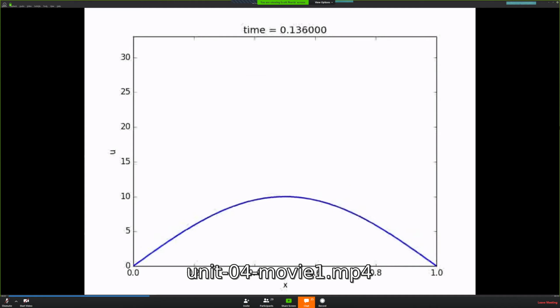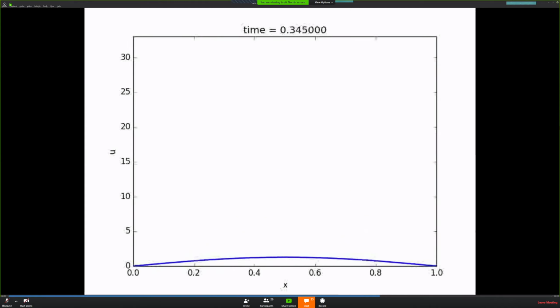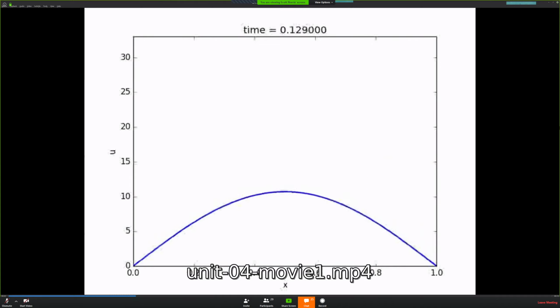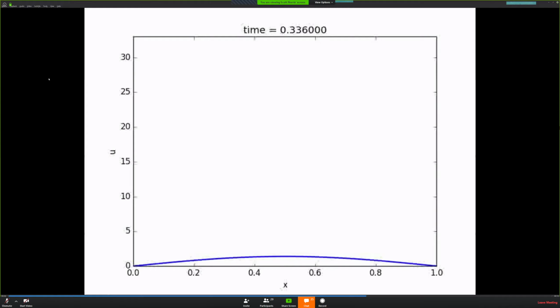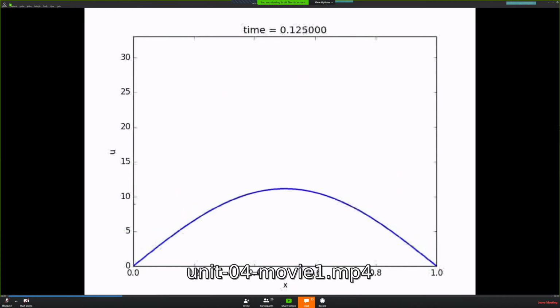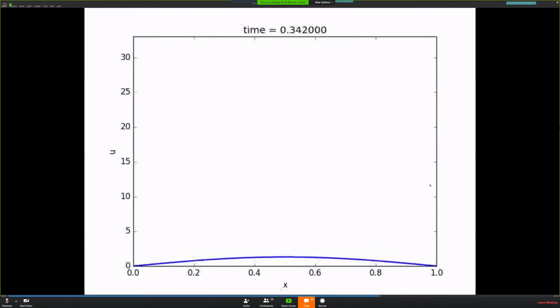Another thing I want to mention is that as time progresses, this looks more and more like a simple parabola or a simple contour of a sine curve, right? Very quickly, it has a very simple shape, as opposed to the very early times, when the shape can be quite complicated with rapid changes near the edges and then remaining nearly flat at the interior.